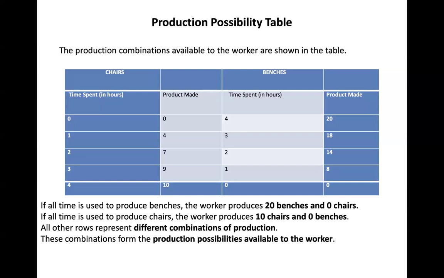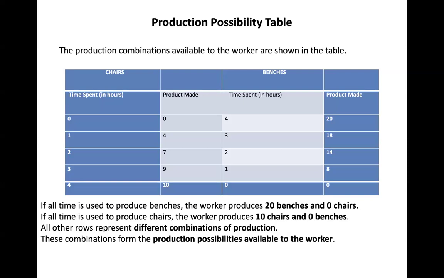The production possibility frontier or the curve shows the different combinations of production. It's not resources. We are assuming that the resources available to the firm are time and worker. The worker has 4 hours in producing chairs and benches.